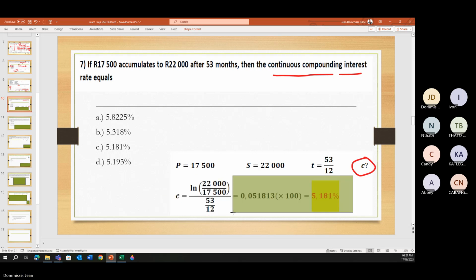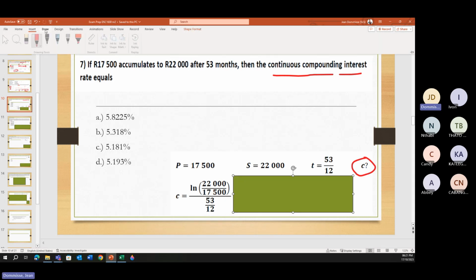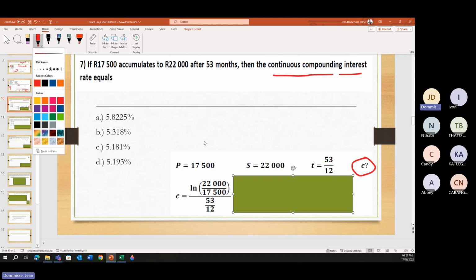It's important that we know what the formula is. So let me rewrite this.